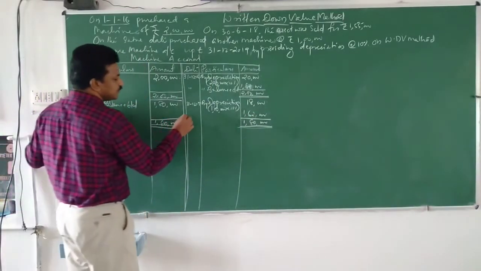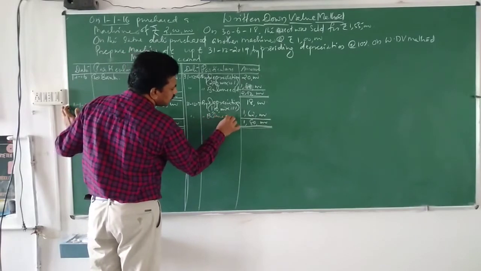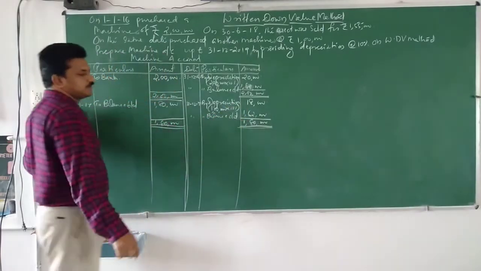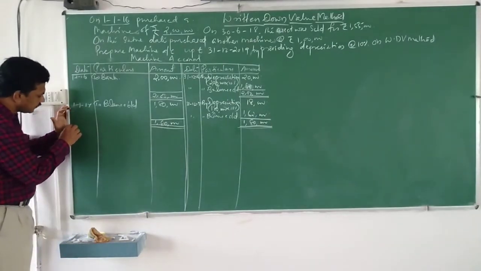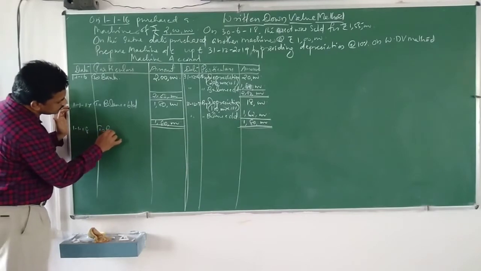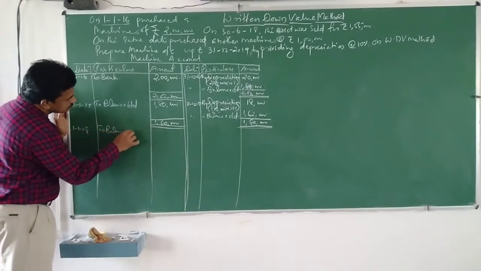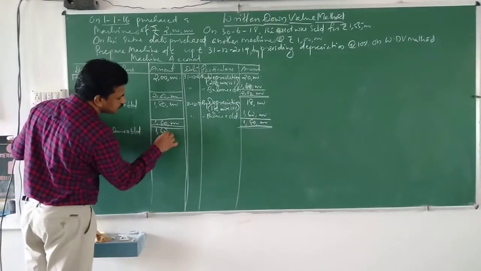So we will write by balance carried down. Then next year 1/1/2018 to balance brought down. How much? 1,62,000.